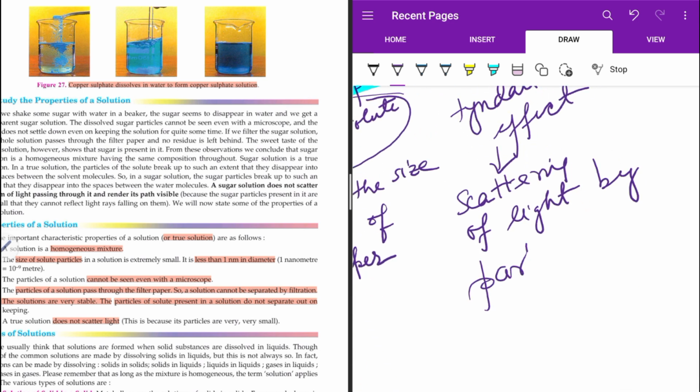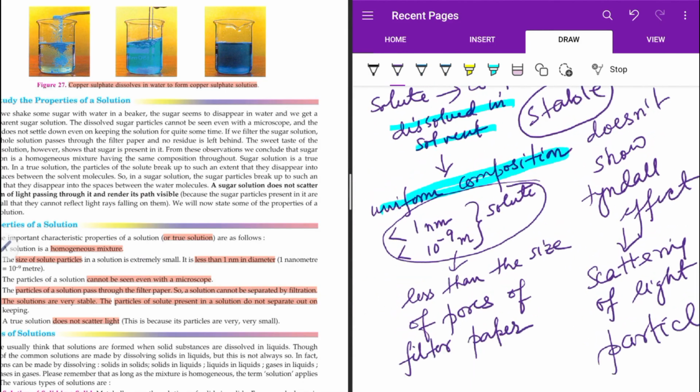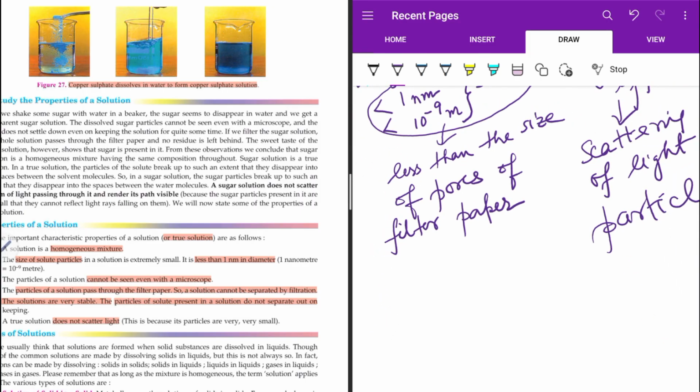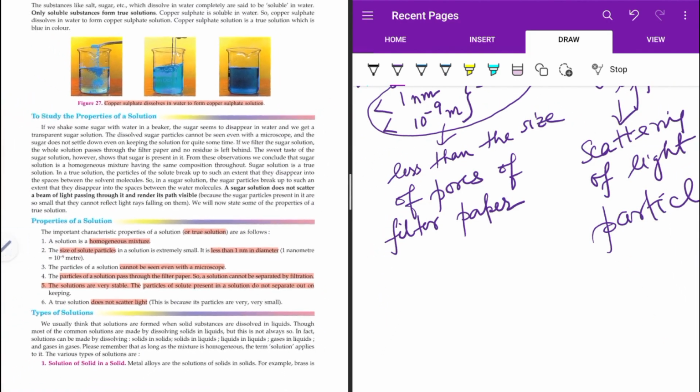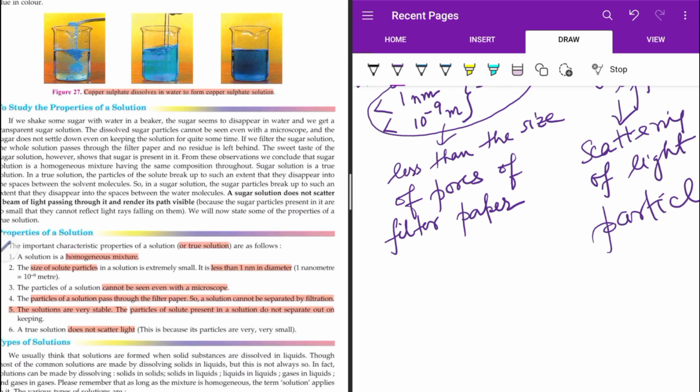Of course, the particle size should be large enough in order to scatter the light which is made incident through such solutions. True solutions are unable to scatter light and show the Tyndall effect because the solute particles of the true solution are very small in dimension, almost 1 nanometer or less than that.